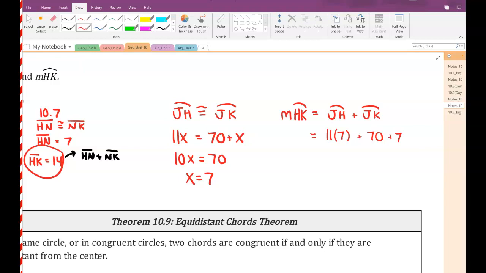That's 77 plus 77, which is 154. So the measure of arc HK is 154 degrees. And there's your second answer.